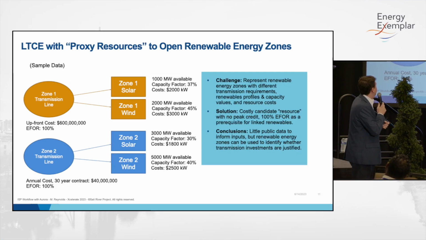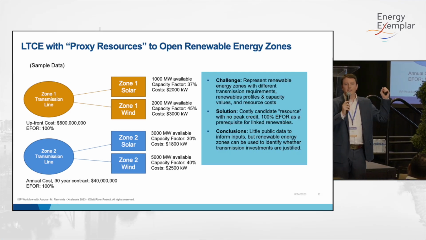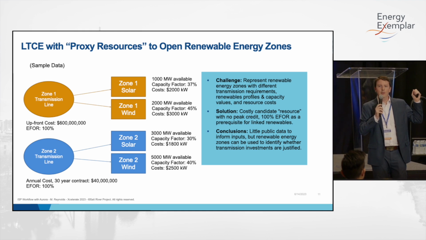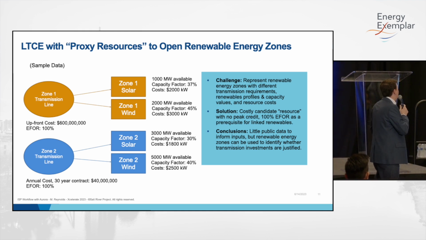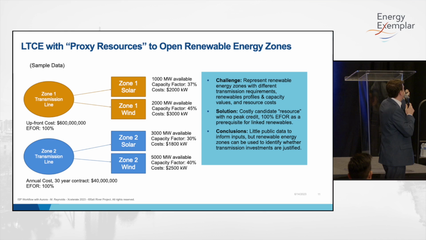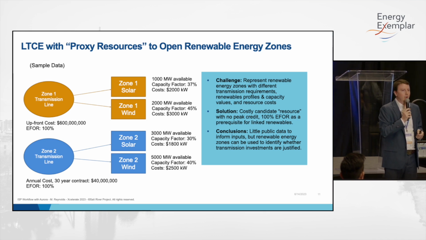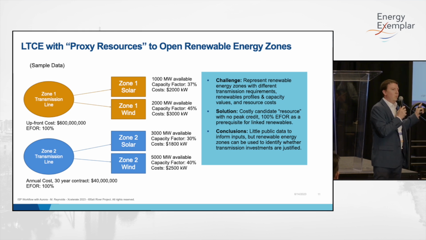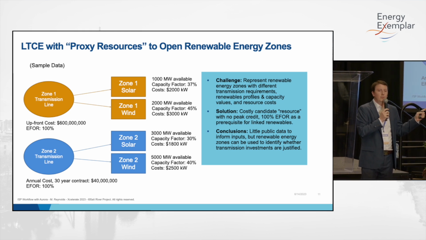So what we did, and don't read too much into zone here. This isn't how we represented zones necessarily in Aurora, but you could if you wanted to. We said that there was an upfront cost and other characteristics that might be different depending on where you build something. And depending on whether you choose to pursue one opportunity, it opens up other resources for you.